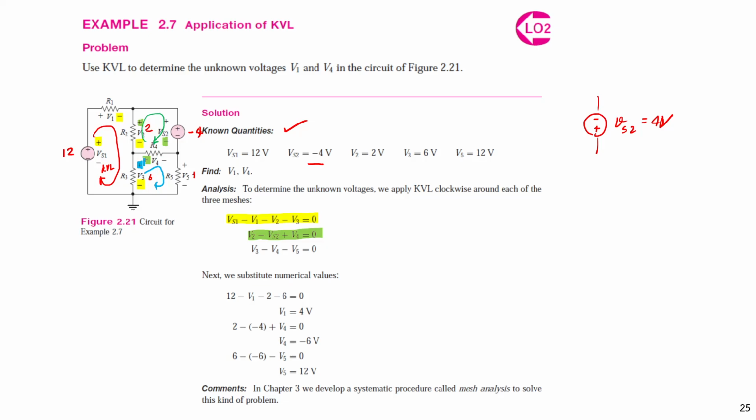V5 is positive, but V4 is negative and V5 is negative. Then we have this equation. Then we substitute the values, right? We know Vs1, we know V2, and we know V3. With this equation, we get V1 at 4 volt, right? Now, V1 is solved.